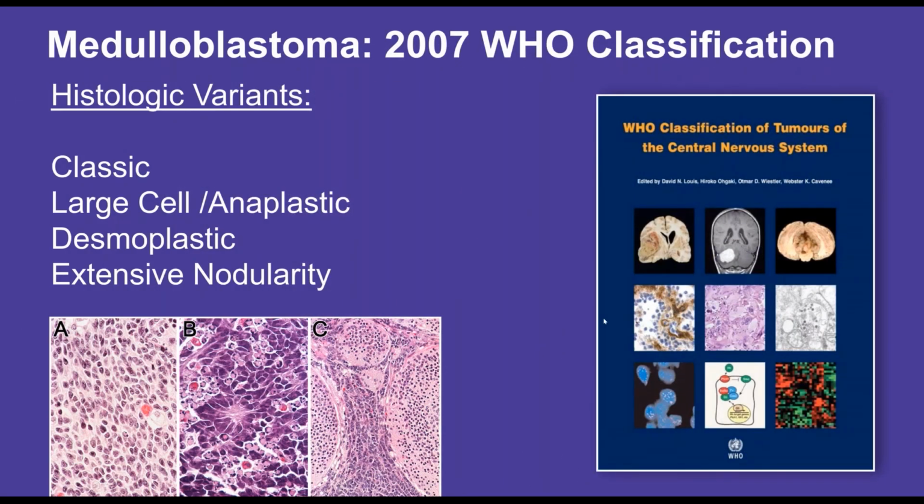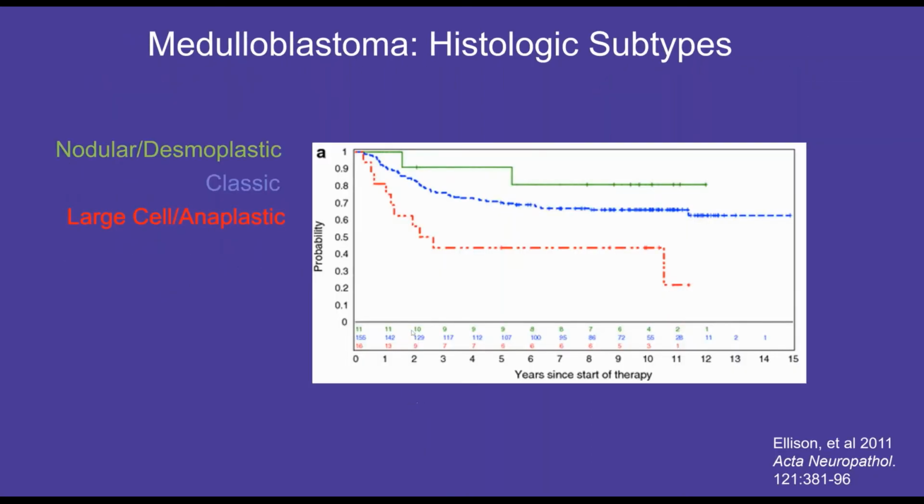Very much like the diffuse gliomas, in the past we have classified these by what they look like under the microscope: a classic variant, a large cell anaplastic variant, a desmoplastic variant, and an extensive nodularity variant that looks very much like this, but just more extensive, as the name implies.